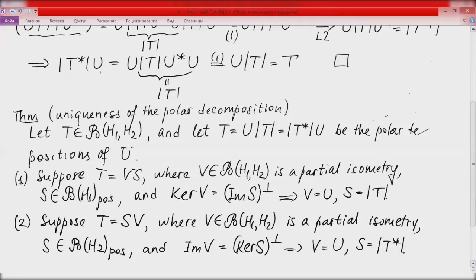So the right polar decomposition of T is also essentially unique. Okay, so let's now prove this result.